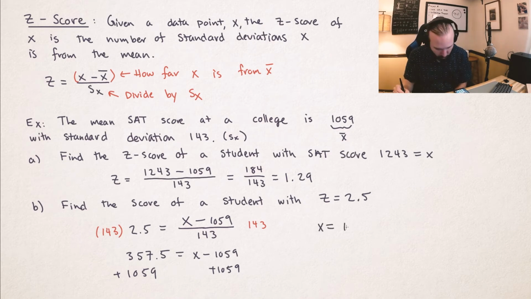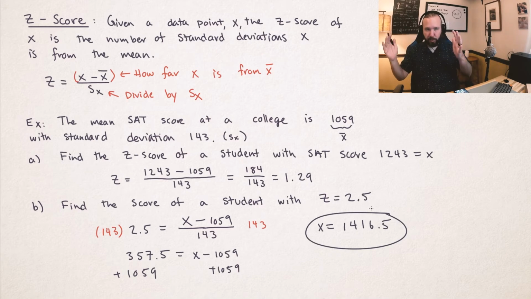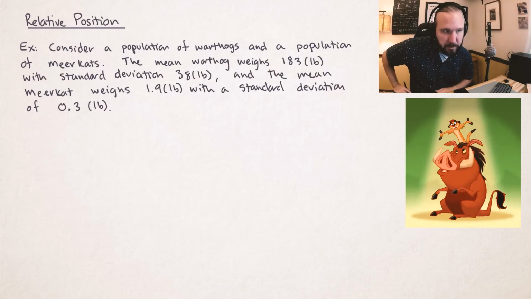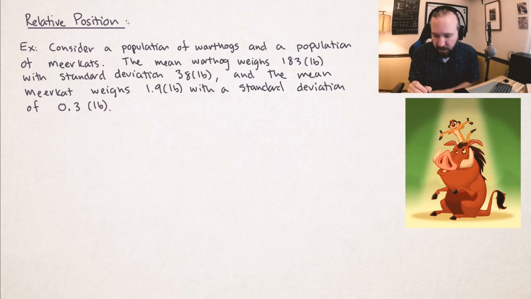So I'm getting 1416.5. So if you want to be an exceptional student, with an unusually high SAT score, where your z-score would be 2.5, then you need to score a 1416.5 on the SAT.